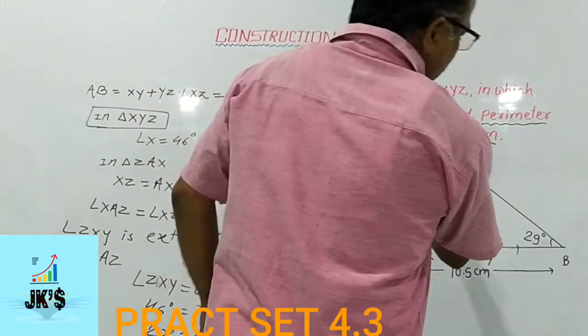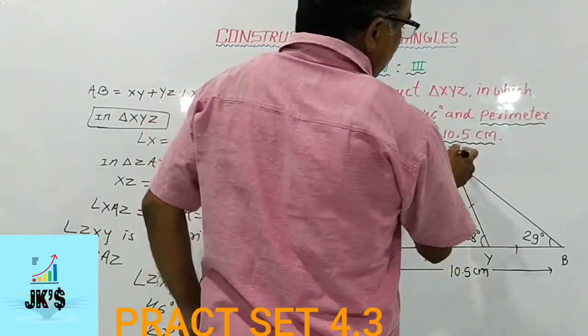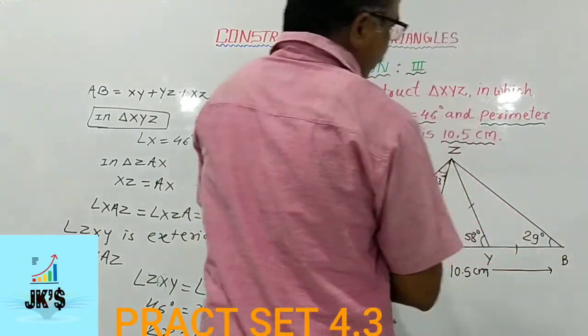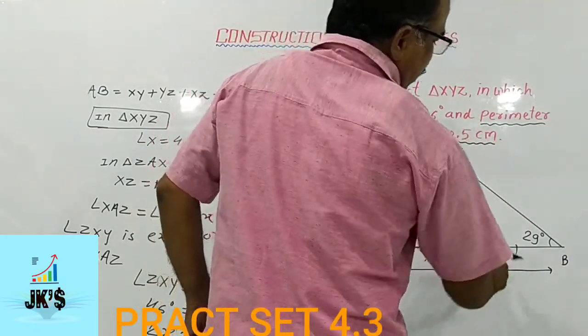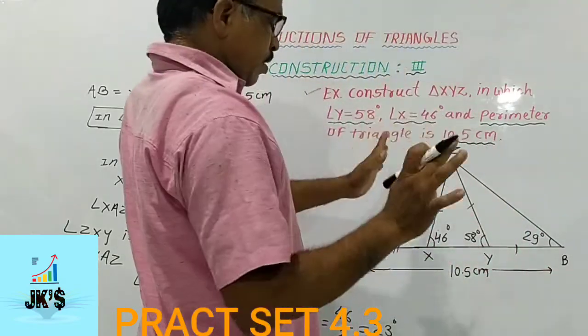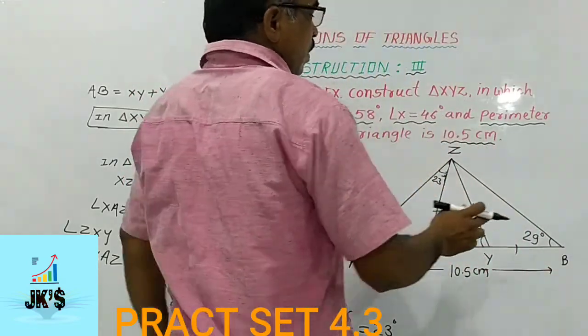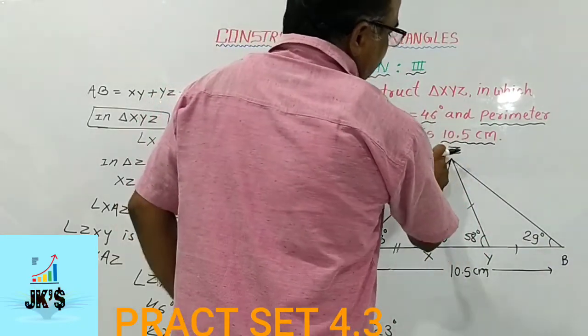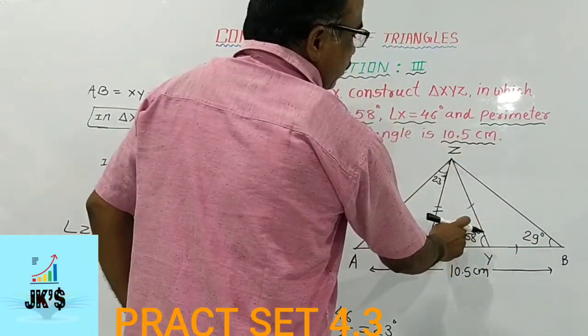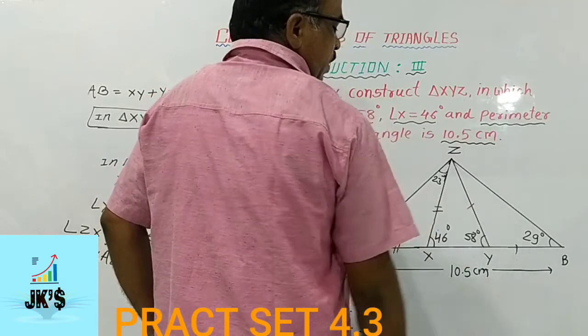Similarly, in this triangle ZYB, this one side YZ equals YB according to the construction. So this one angle is congruent to this one, and angle ZYX is the exterior angle of this.